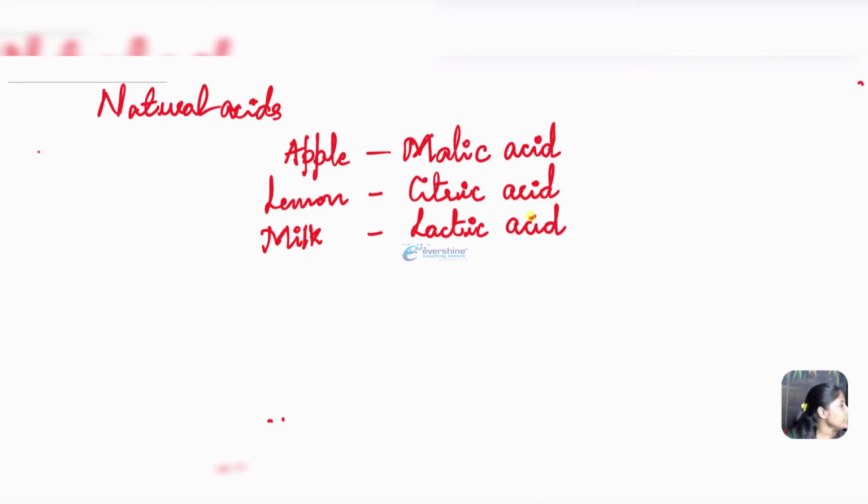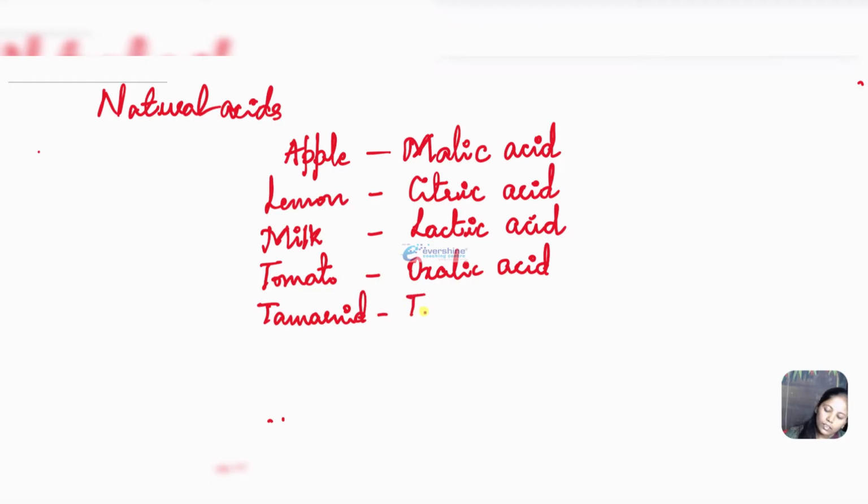Tomato contains oxalic acid. Tamarind consists of tartaric acid.